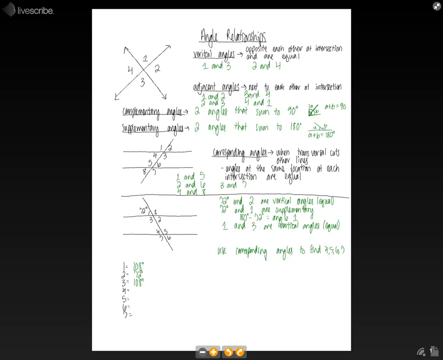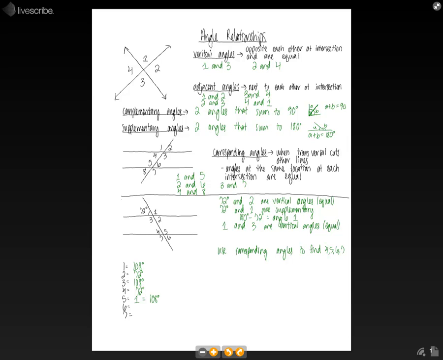And so we know angle 4 is equal to our 72 degrees because it's equal to that same position on our top intersection. We know angle 5 is equal to angle 1, which is equal to 108, what we found earlier.